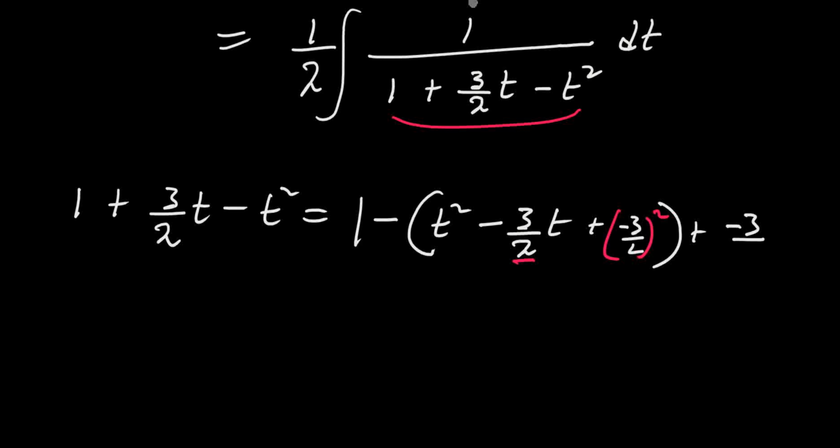So divided by 2, this will become 4, and this is 4. Just put that in parentheses and square.